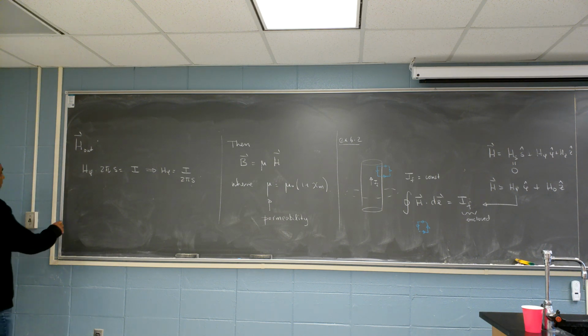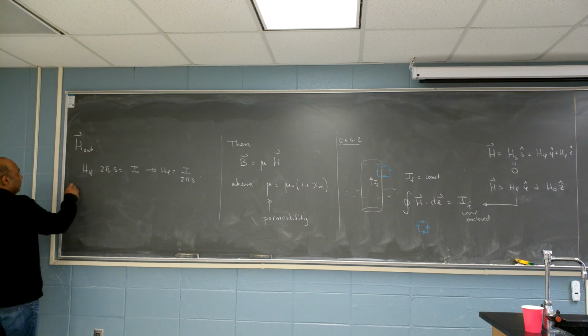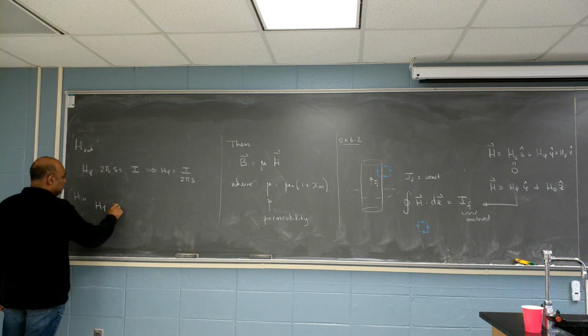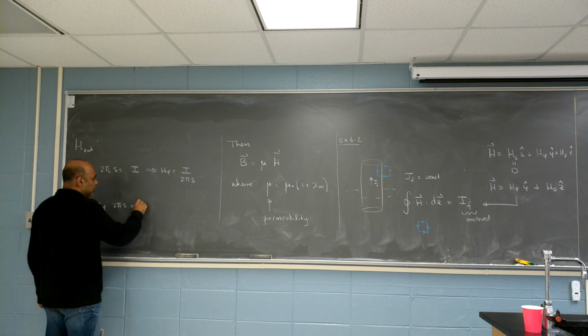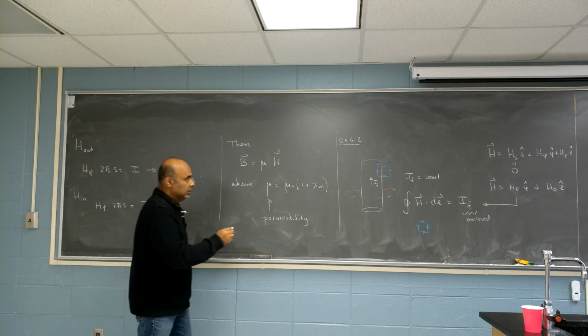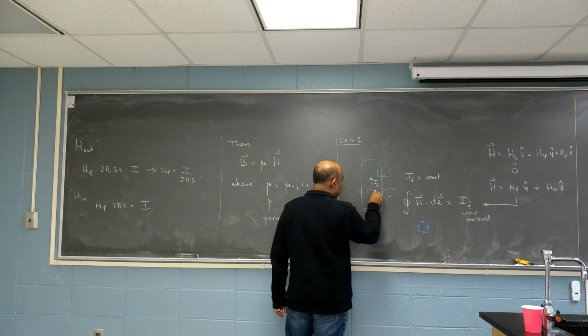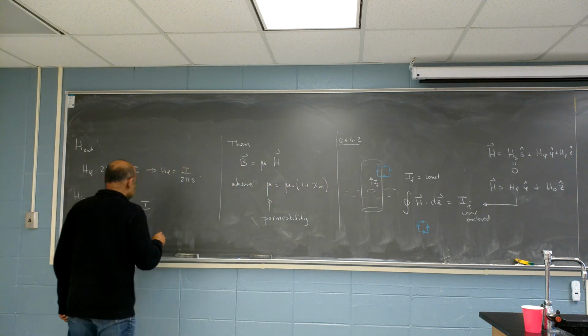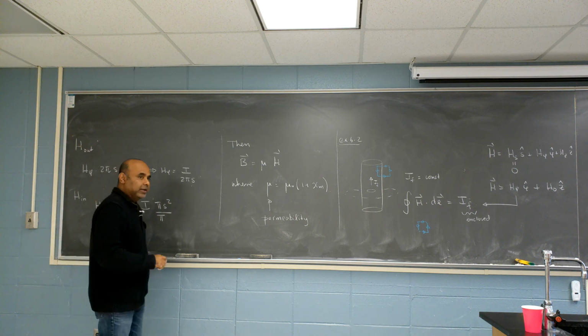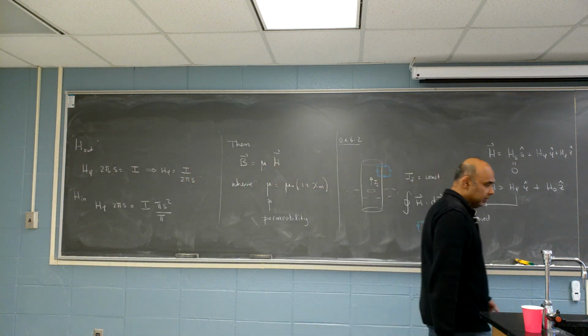Let's do H in. H phi times 2 pi s is equal to I, but not all of the current flows through this loop. What flows through that loop is pi s squared over pi, what's the radius of the rod? Is it r?